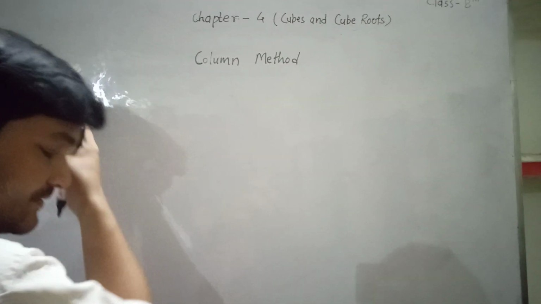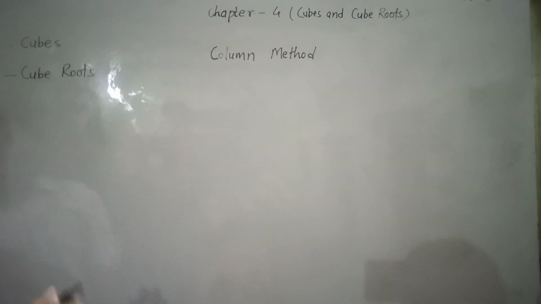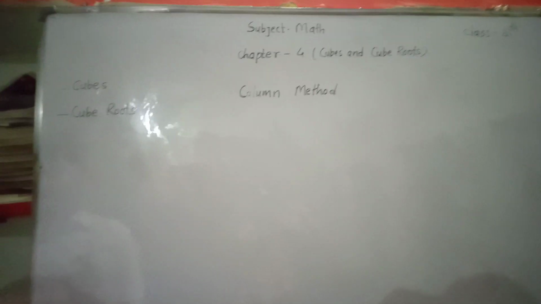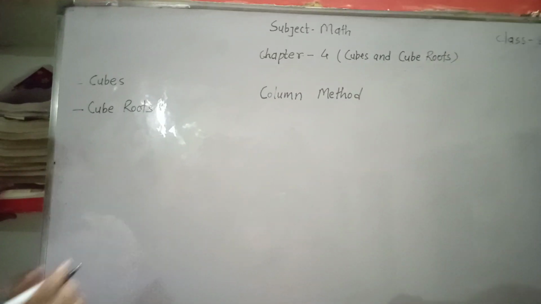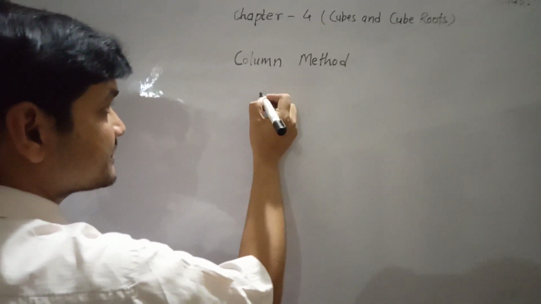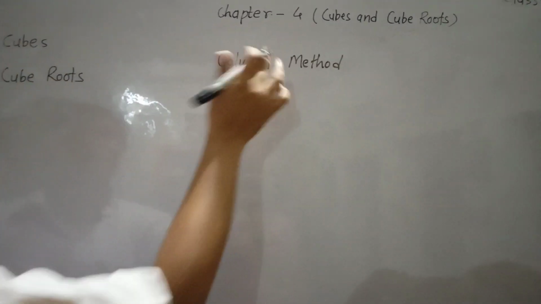Let us start the column method. Suppose we want to take the cube of 12 with the help of the column method.